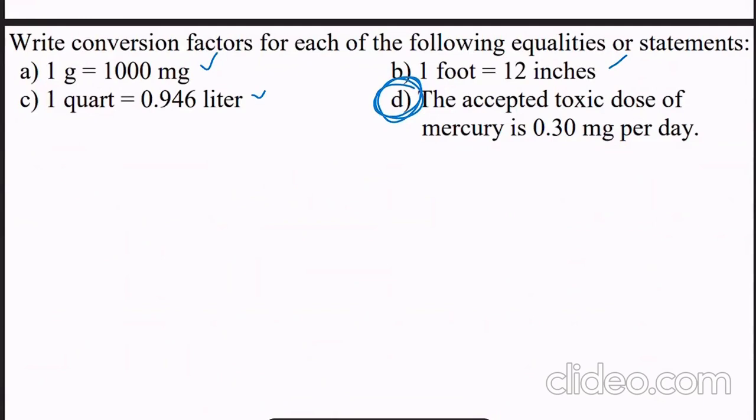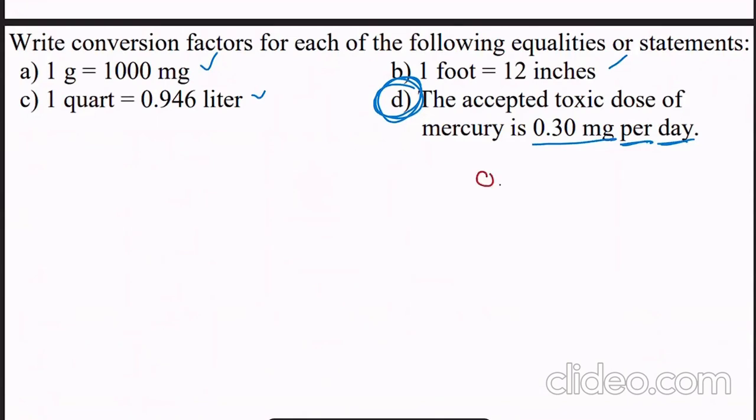The accepted toxic dose of mercury is 0.30 milligrams per day. Milligrams per day. Well, that's kind of like miles per hour, right? That per is where we're going to put this fraction, right?